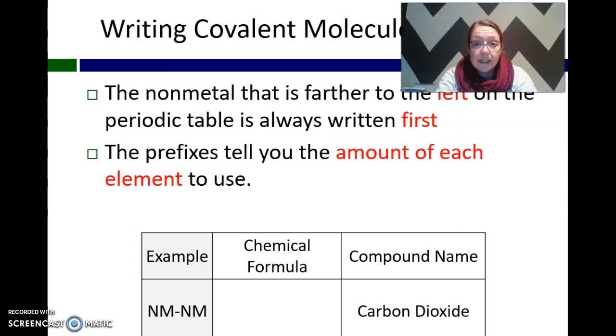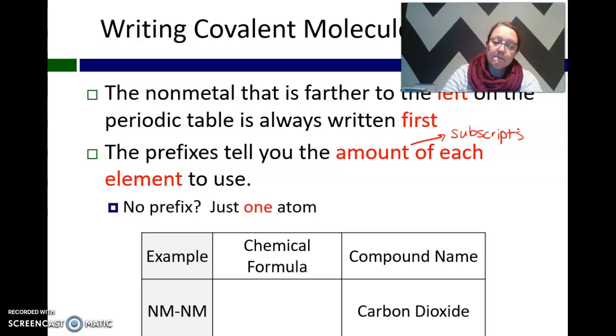The prefixes in the name will tell you the quantities of each element to use, and if you recall, amounts of any type of element are always written as those lower numbers known as subscripts. And finally, if you don't have a prefix in a name, you can assume that there is just one of those types of atoms. Let's do an example.